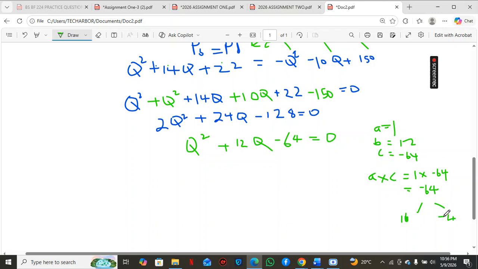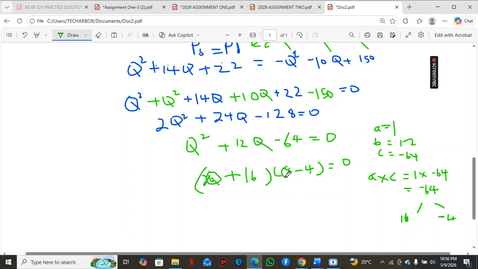Yes. So if we make this four negative, 16 times negative 4, we get negative 64. 16 plus negative 4, you get positive 12. So our factors are q plus 16 and q minus 4 equals 0.